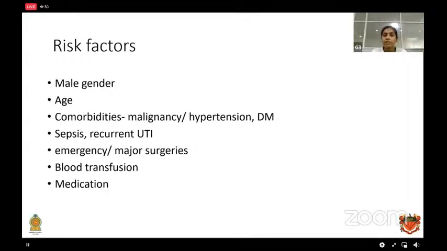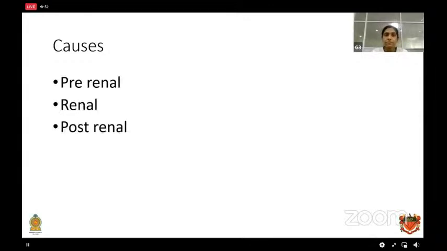It is a separate topic, contrast-induced nephropathy. So try to avoid unnecessary investigations with contrast. So these are some of the risk factors, and then we'll discuss the causes.